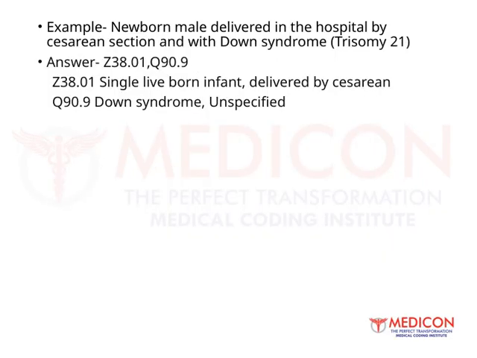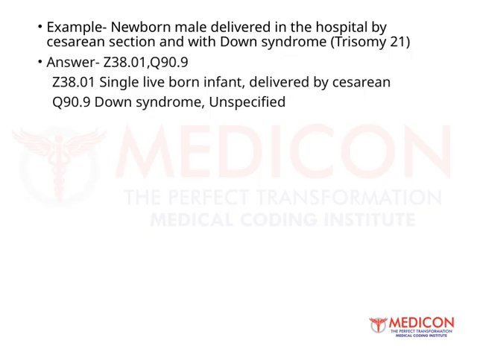In this example, we're looking at a newborn male who was delivered in the hospital via cesarean section. One key detail here is that the baby has Down syndrome, which is also known as trisomy 21. When documenting this case, we use the code Z38.01 to specify a single live-born infant delivered by cesarean, and Q90.9 to indicate the diagnosis of Down syndrome, unspecified.